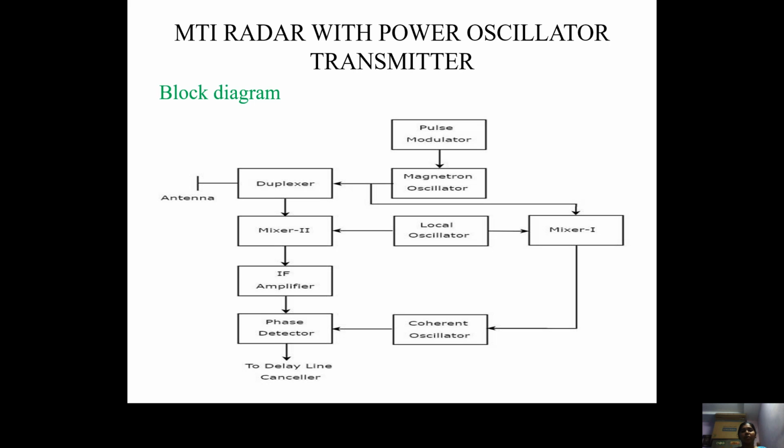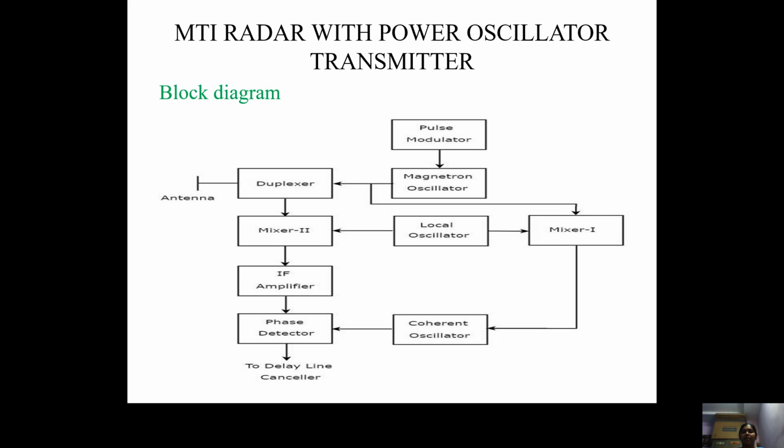Whenever the pulse modulator turns on the magnetron oscillator, the signal is transmitted using the duplexer. Whenever the pulse modulator turns off the magnetron oscillator, there is no transmission.